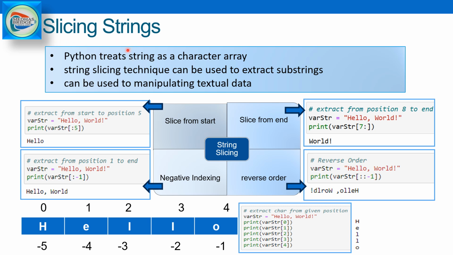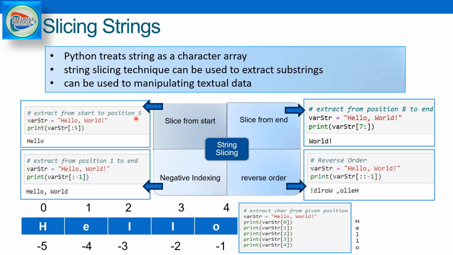Slicing string. Python treats a string as a character array. The string slicing technique can be used to extract substrings. Slicing is used for manipulating textual data. Slicing from start, slicing from end, negative indexing, reverse order. Let us say I would like to extract a substring from the start of the string to the fifth position.